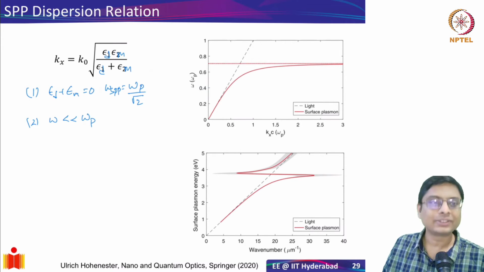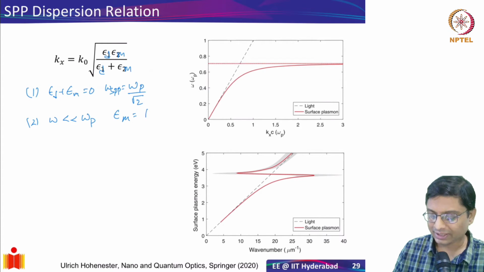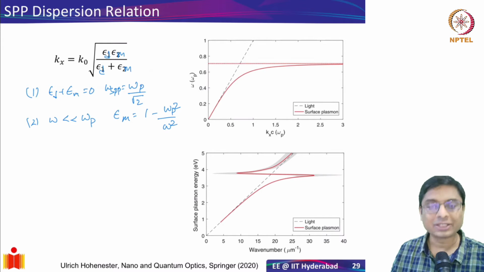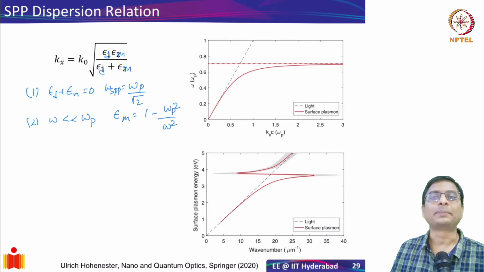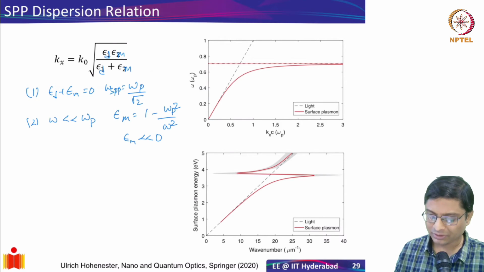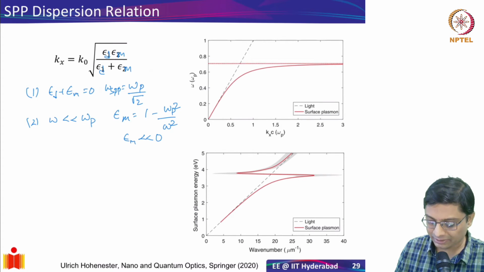Well, to analyze this, we'll have to know what is the metal, right? So epsilon metal is simply, for an ideal Drude model, one minus omega p square by omega square. If my omega is much smaller than plasma frequency, then my epsilon is going to be very, very strongly negative. Okay, epsilon metal is much smaller than 0. When epsilon metal is very, very large in magnitude, what happens to kx?